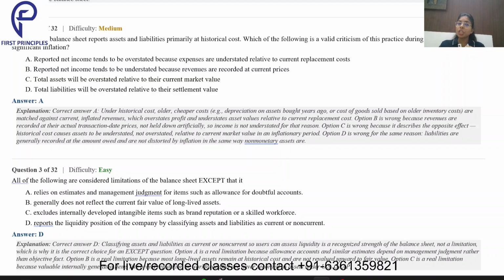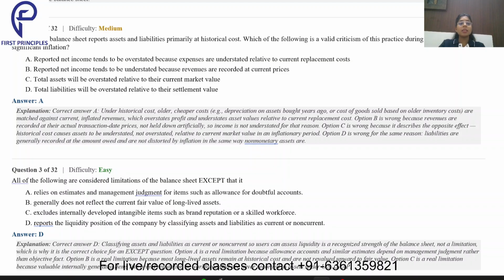So my depreciation amount will be lower. Depreciation is an expense shown on the income statement and it directly impacts my net income. If my depreciation expense is lower, my net income will be higher, it will be overstated. So that is why option A is the correct answer.